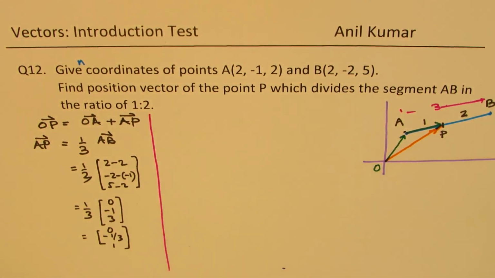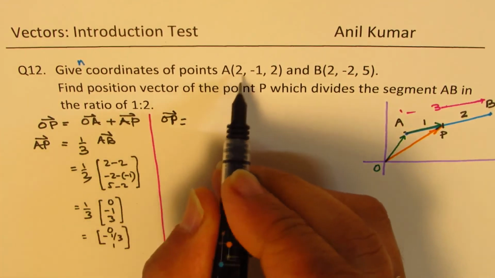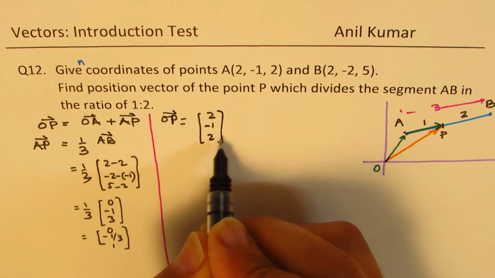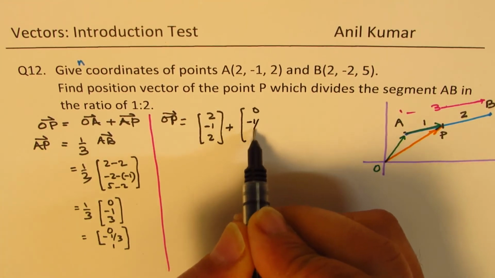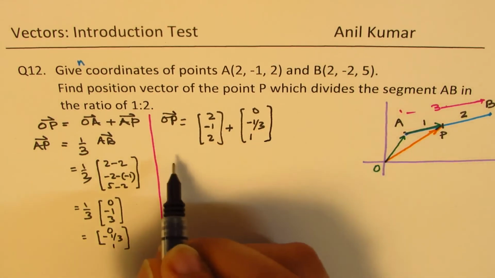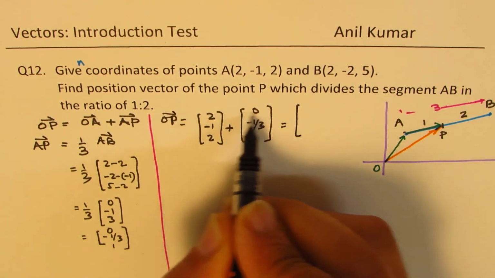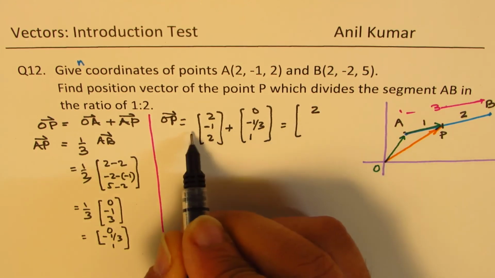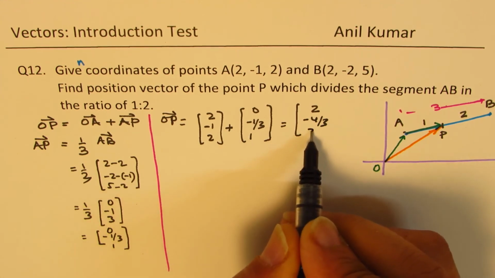We can now find what OP is. So OP will be OA. OA is given to us as 2, minus 1, 2, plus AP, which is 0, minus 1/3 and 1. So that gives us 2, minus 1 minus 1/3 which is minus 4/3, and 2 plus 1 as 3, right?